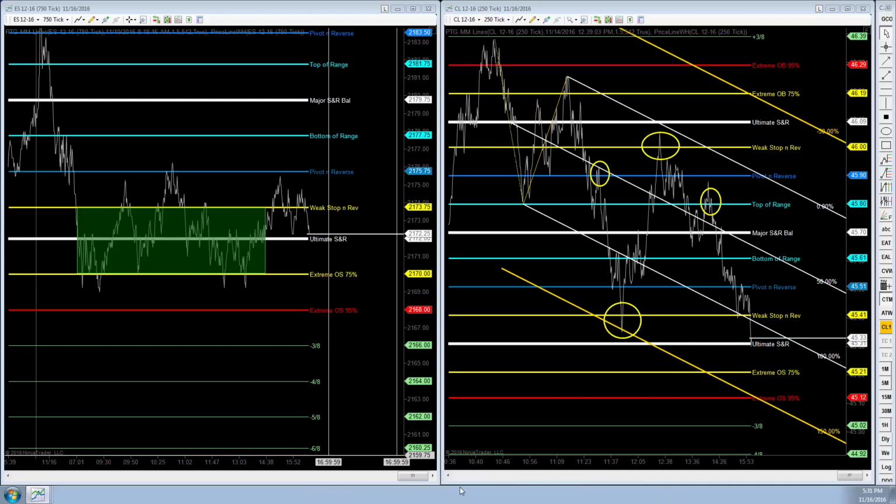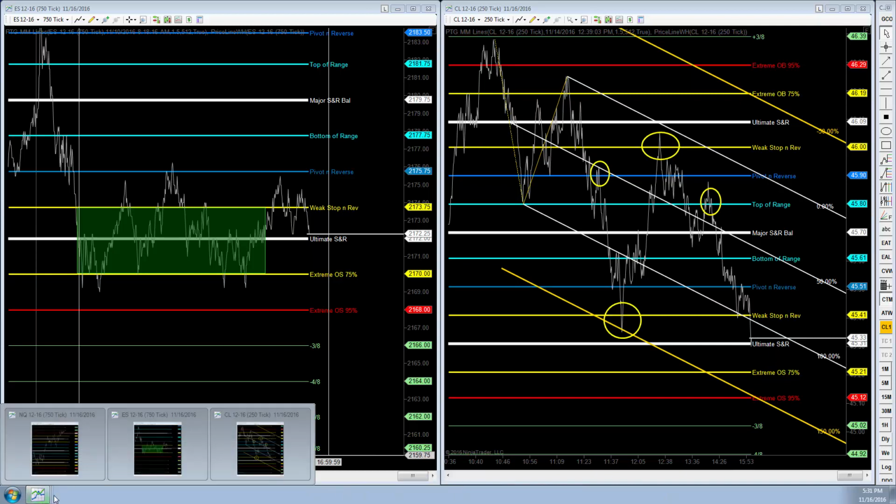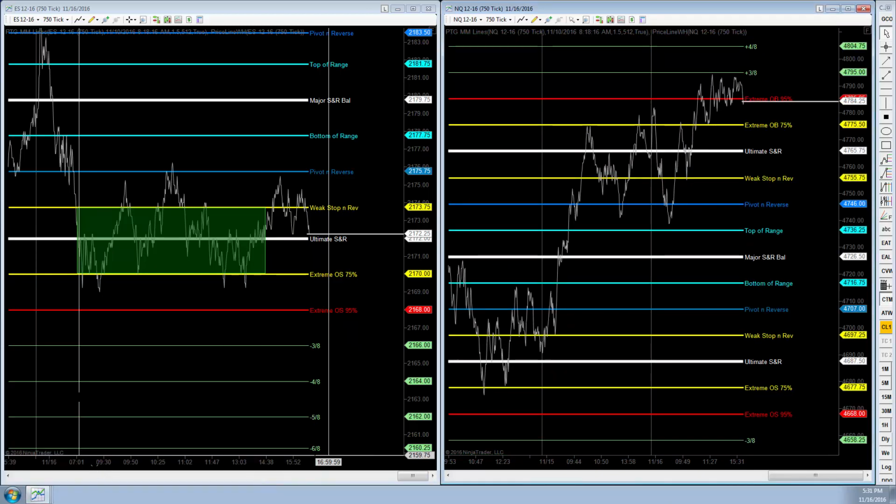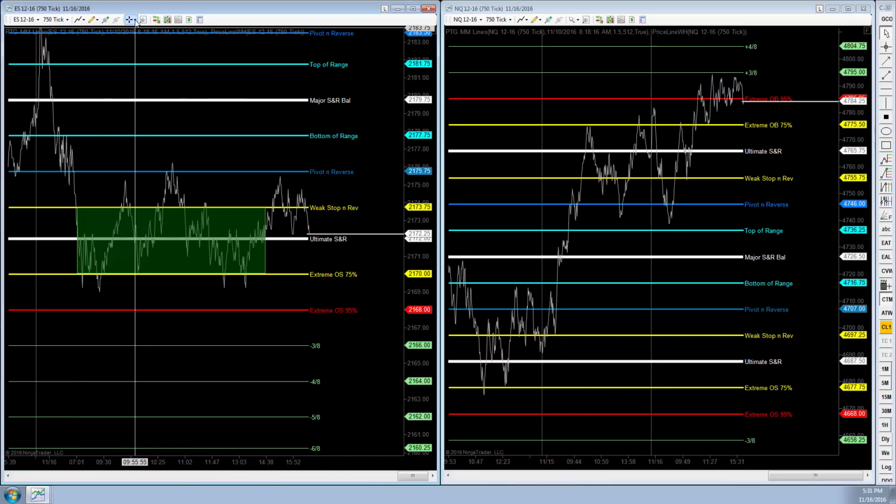And then lastly, let's take a quick look at NASDAQ today. This is today's NASDAQ. Actually, this was today's, right in here, the 16th. So we had basically an up move today, although it started compressing a little bit towards the end of the day.